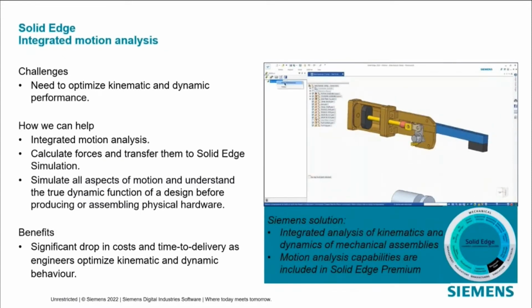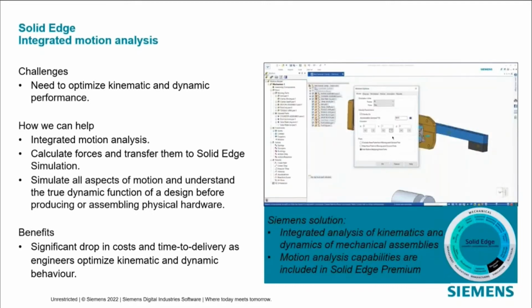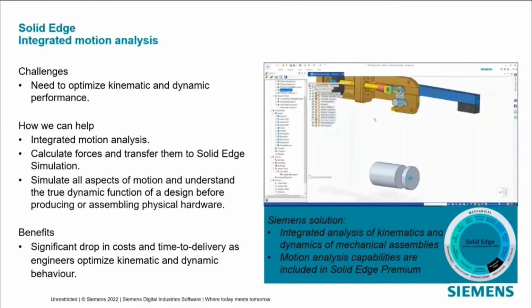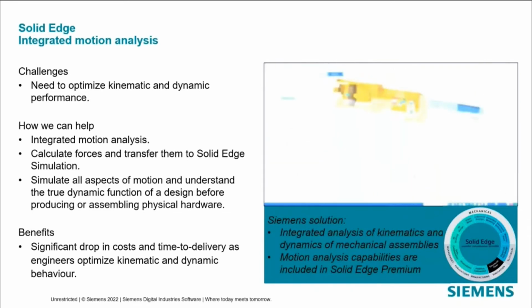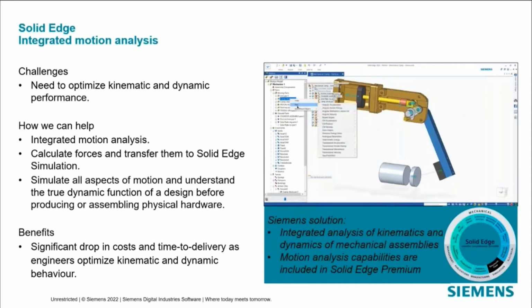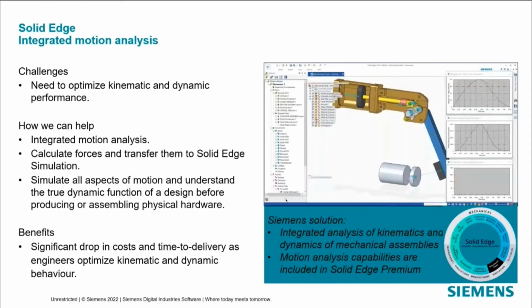Let's look in more detail at our solution for analyzing kinematic and dynamic behaviors, how connected parts move in relation to each other, and what time cycles and accelerations they have. First, let's talk about the challenges. The need to optimize kinematic and dynamic performance being the main challenge. How can we help?